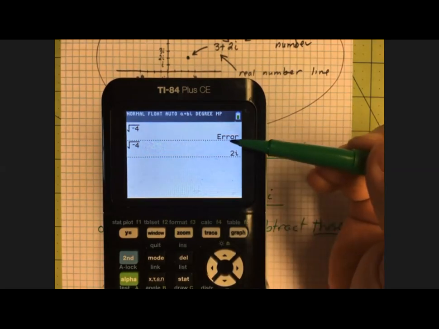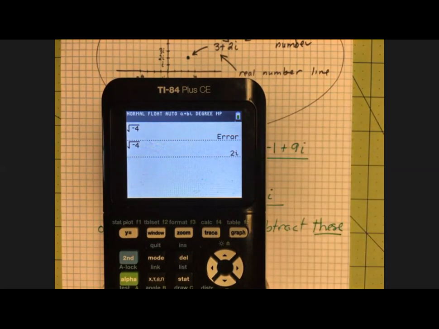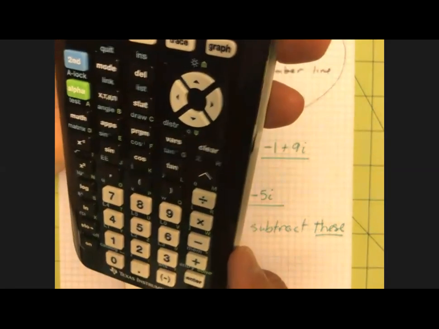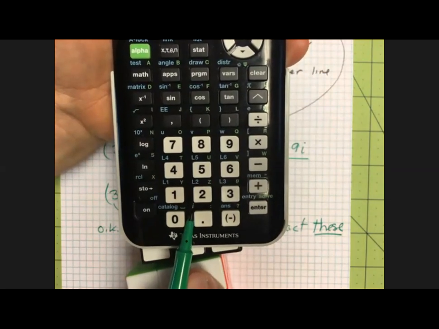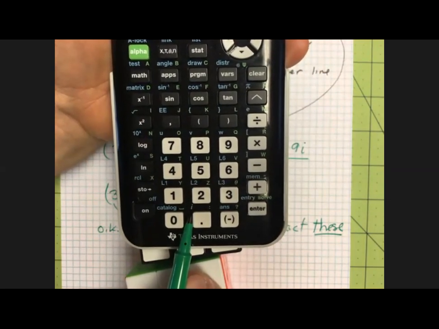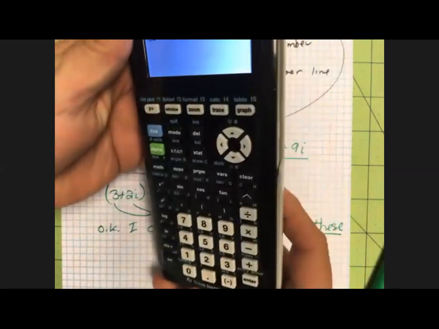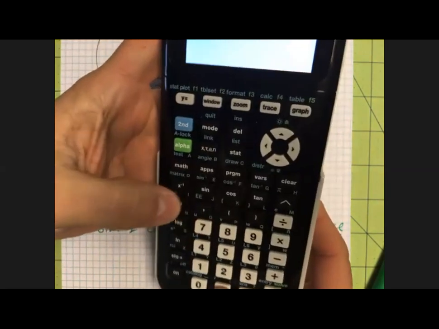So first it's an error, now it's 2i. And if you ask your calculator what it means to square 2i, you see that there's an i key on your calculator down here. You won't find any calculator nowadays that doesn't have imaginary numbers built in. So if I square that 2i, what do I get?